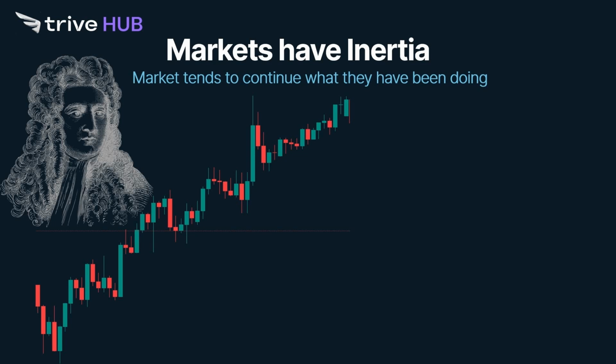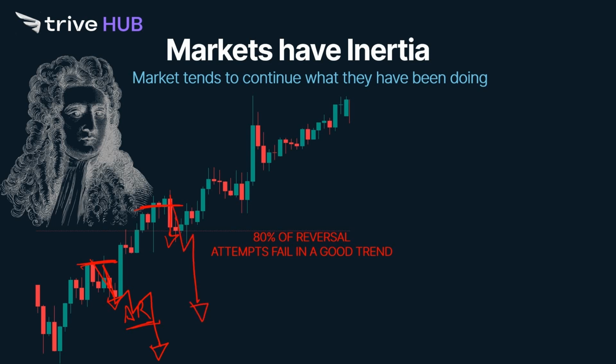By understanding this rule, we have identified that 80% of the reversal attempts fail in a good trend, and we can see it as a very good healthy uptrend going on. You can see each of these pullbacks is an attempt at reversal. Sellers are trying hard to short sell at this level in anticipation that the market should start a new downtrend. Again a new pullback, and it was an attempt to reverse the trend direction, because both types of players are participating in the market, buyers and sellers.